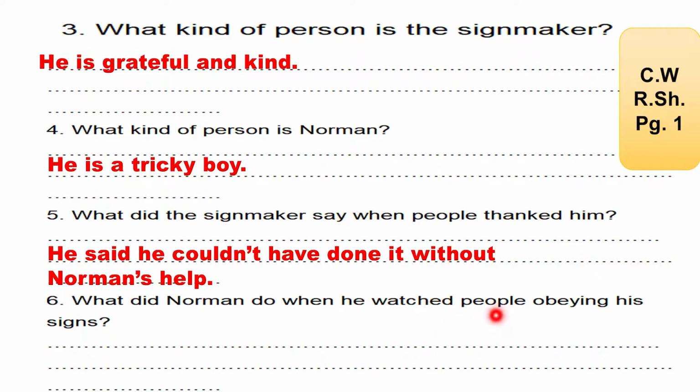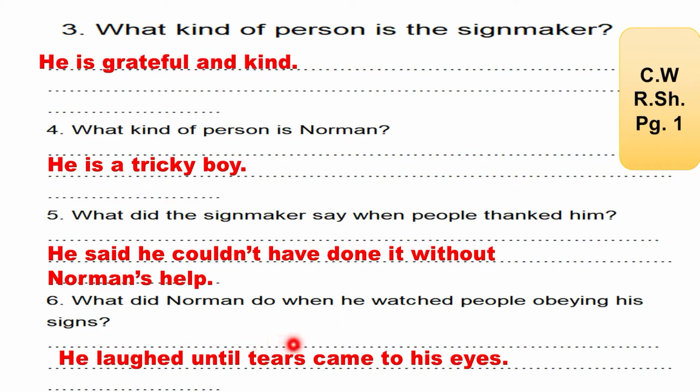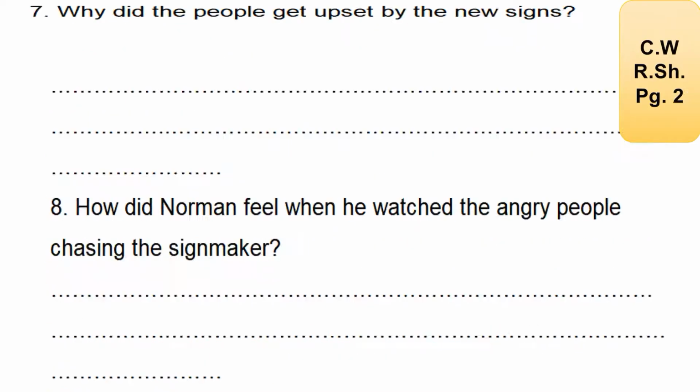The principal and the kids all left and went back to their homes. They followed the sign without thinking. So Norman, what did he do when he watched all of these people obeying his signs without thinking? Was he angry and feeling sad or sorry? No, he laughed until tears came to his eyes. Oh my God, that naughty kid, he's really naughty. So again, he laughed until tears came to his what? To his eyes.